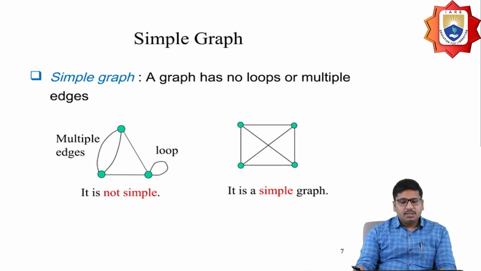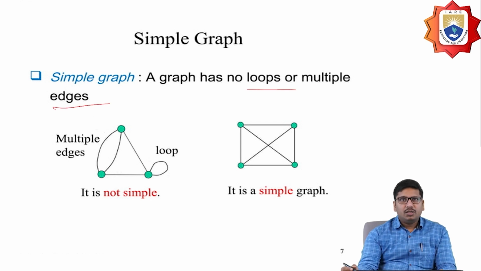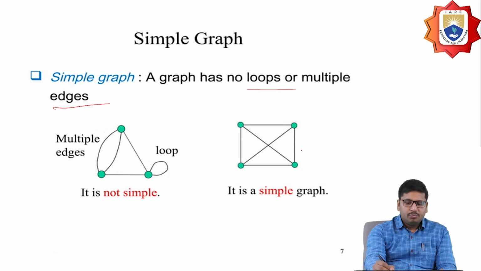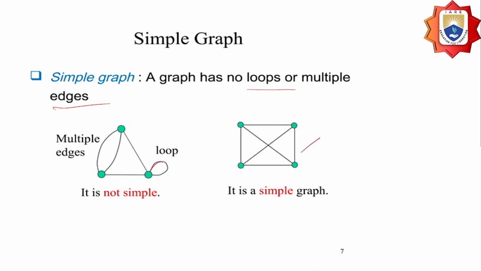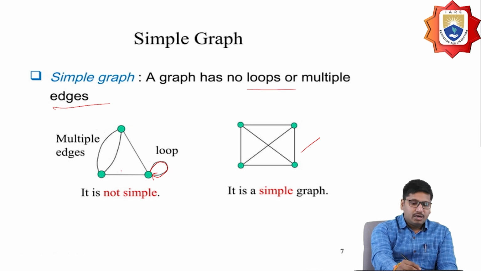The next one is the simple graph. A graph which has no loops or multiple edges is called a simple graph.